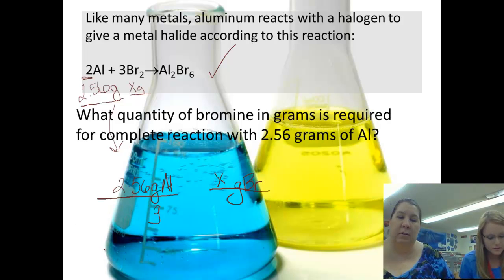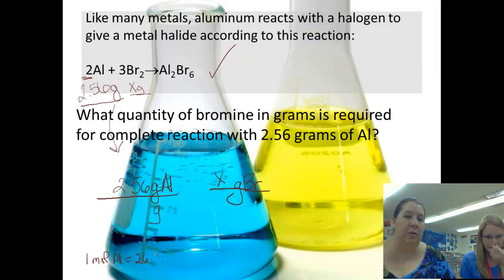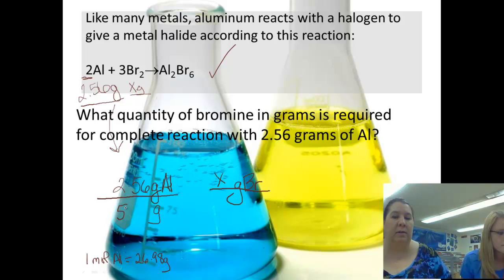So what do we need to do to figure that out? We have to go to our periodic table and find out what is 1 mole of aluminum. It is 26.98 grams. So if we double it for 2 moles, that gives us 53.96. And that's what goes on the bottom here.